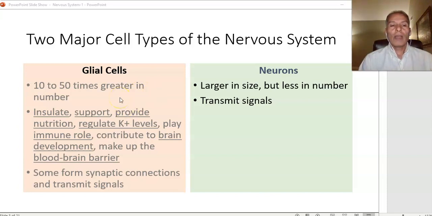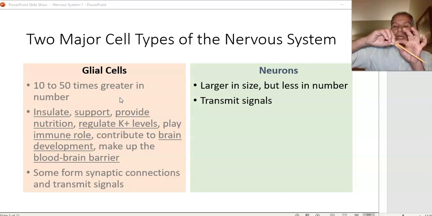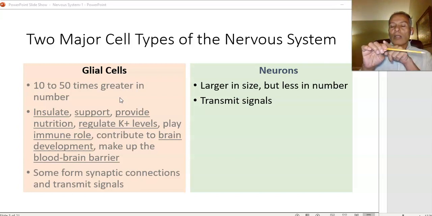So collectively, the glial cells have many functions, including insulation around the axons of neurons. Most neurons have axons where they transmit signals to another neuron. These axons, just like electrical wiring, have to be insulated.